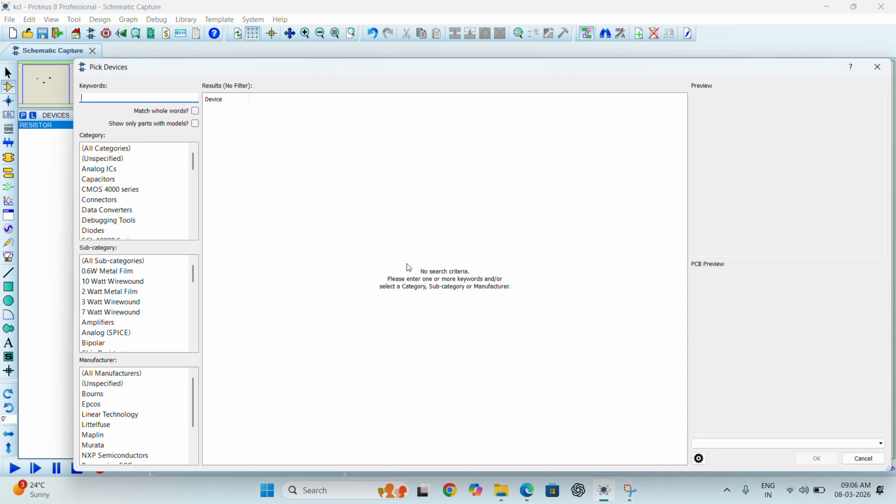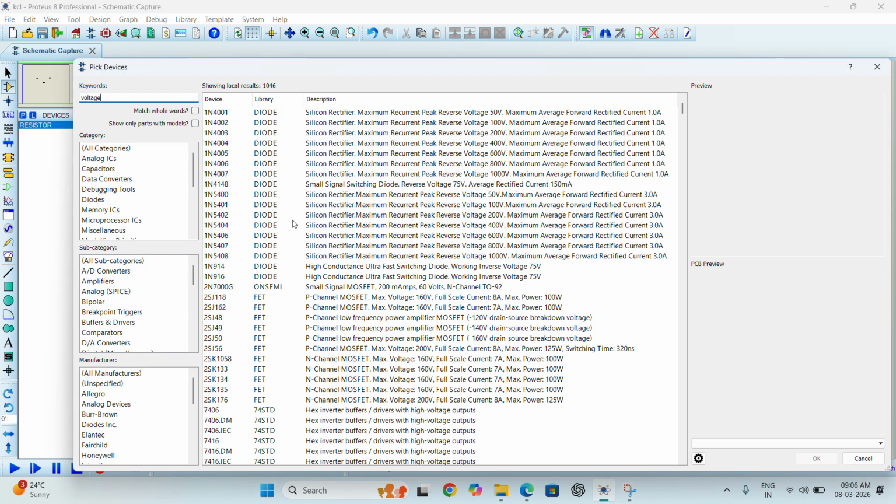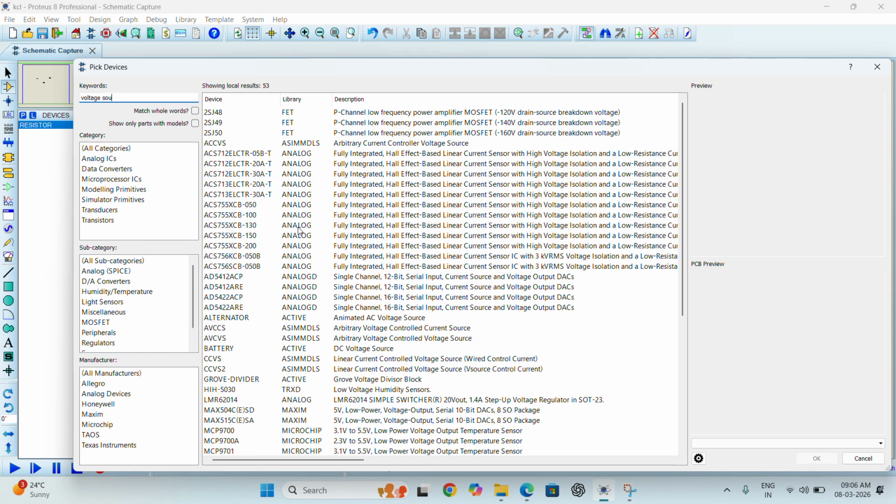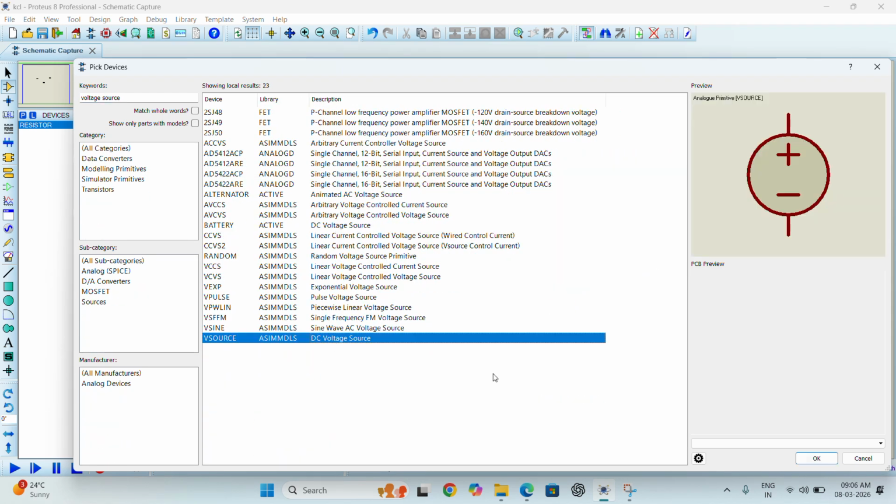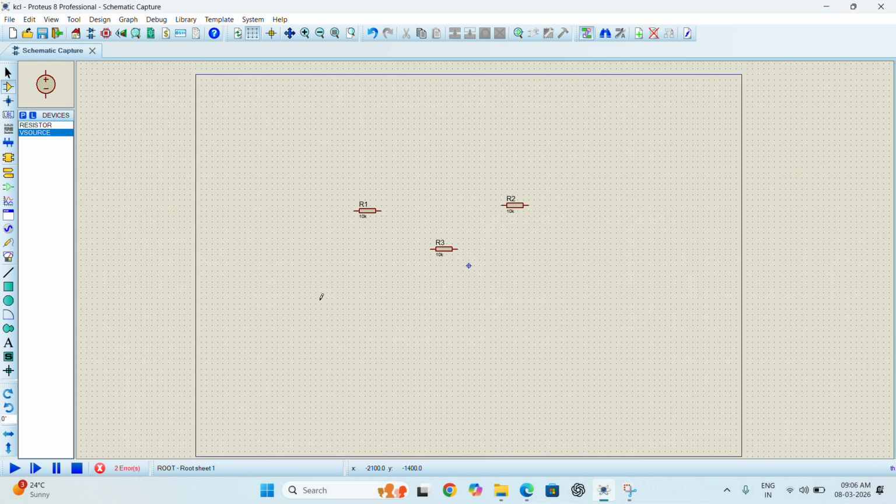And now I will take a voltage source. DC voltage source. Okay, this one I will take. And I will use one here, one here. Two voltage sources I will use. Okay, let us connect this whole circuit. We have to change the values. I will change it.